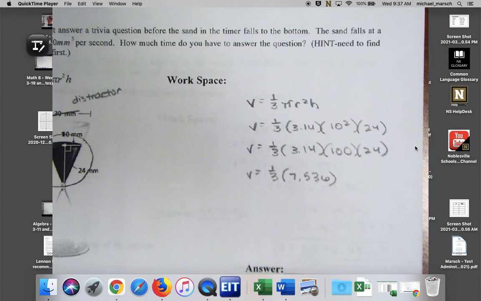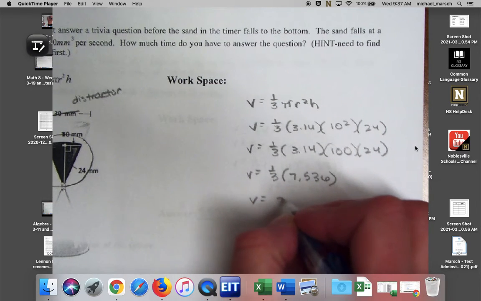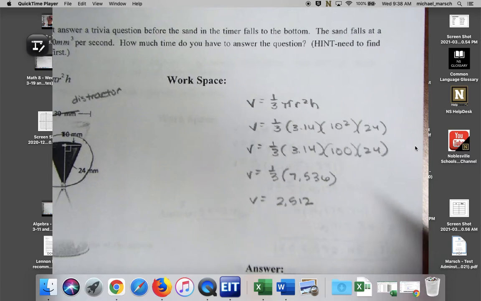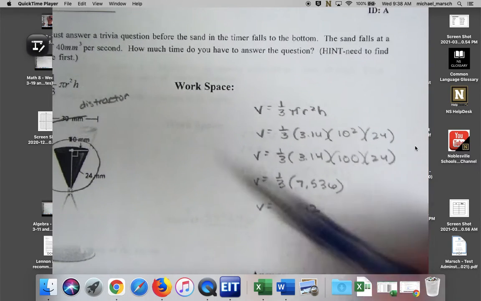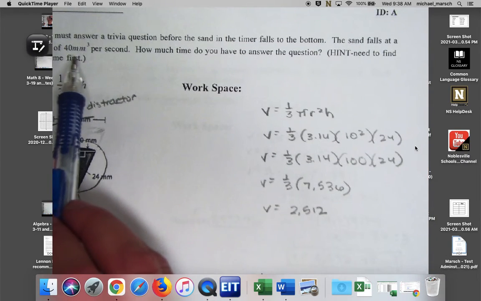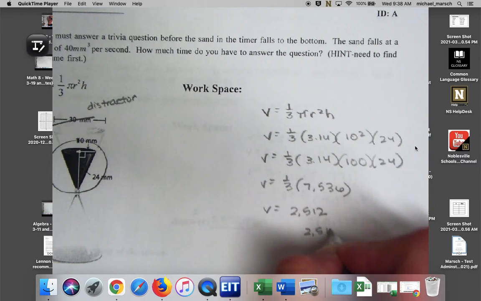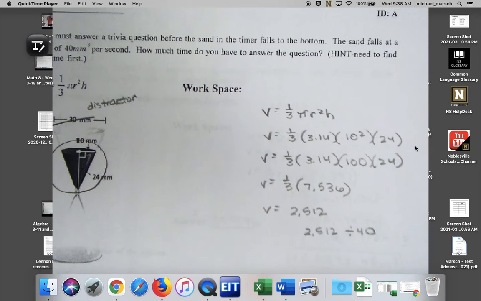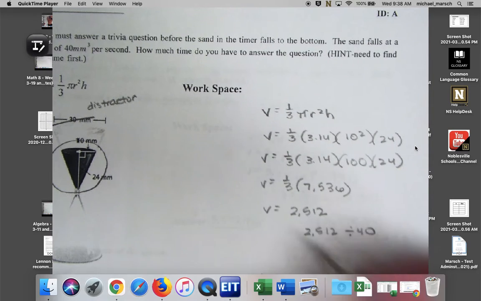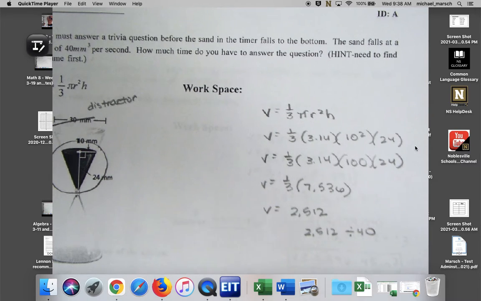So we divide by 3. Volume equals 2,512. So in order to find out how long that timer is going to last, remember we know it goes 40 millimeters cubed per second. So we're going to take this 2,512 and divide by that 40. 2,512 divided by 40 equals, so we get about 62.8 seconds. That's how long you have before the timer falls.